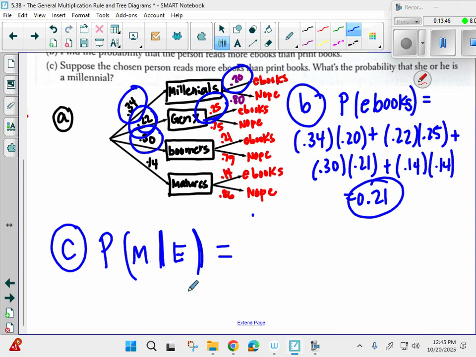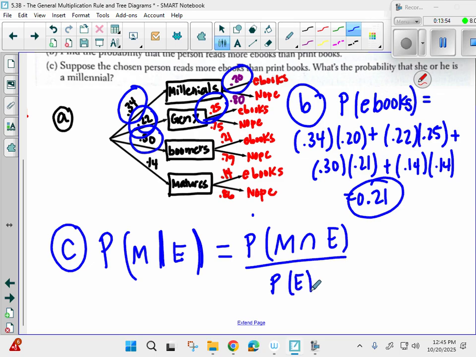And so I'm going to set up my formula, which is on your sheet, millennial and ebook, divided by the probability of ebook. In the top, we're multiplying millennial and ebook together because we have the conditional. So I'm going to do 0.34 times 0.2.